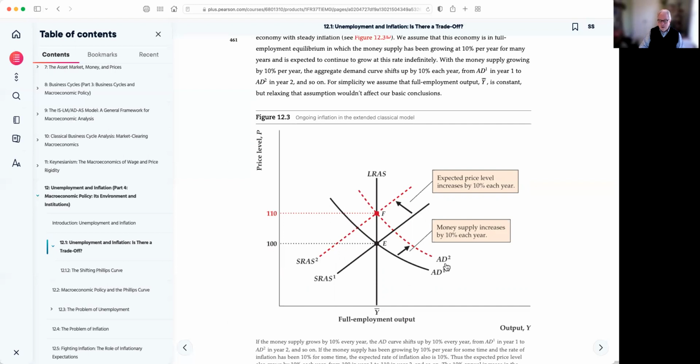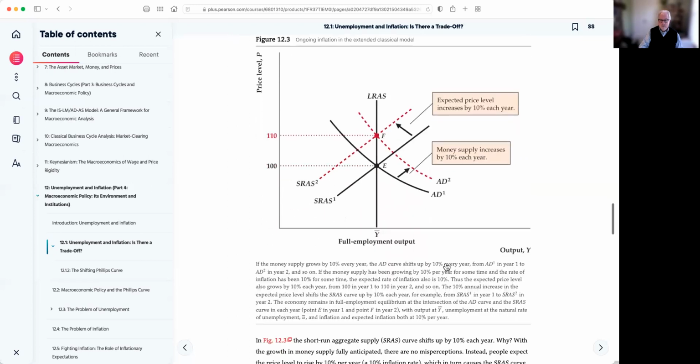So in this part of the chapter, they're talking about if some increase in aggregate demand, in this case an increase in money supply, is expected, then you would expect the price level to increase, and you would increase your expectations accordingly, and that would shift the short-run aggregate supply curve up and to the left, and you'd go from E to F. Right?